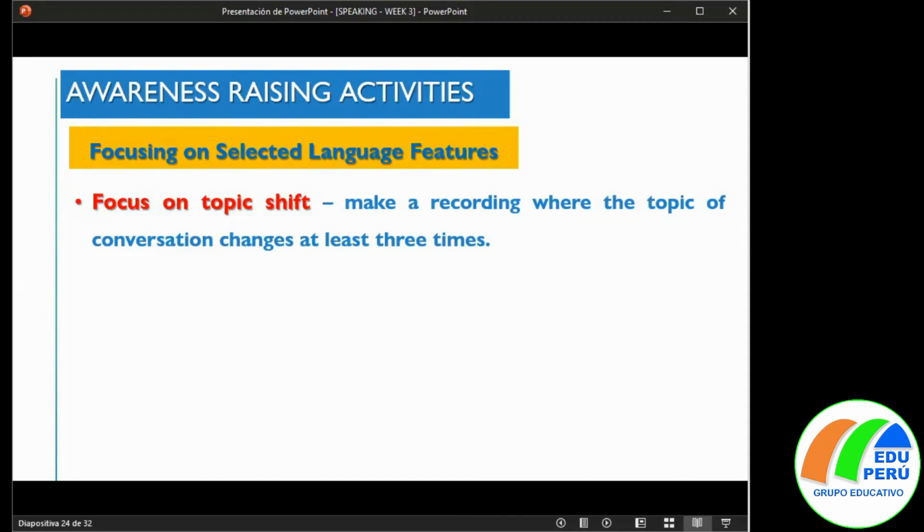So you can change the topic and go back to the topic, and then you change the topic again, and so on. This is just an idea, twice or 3 times, as you want. So you change the topic.